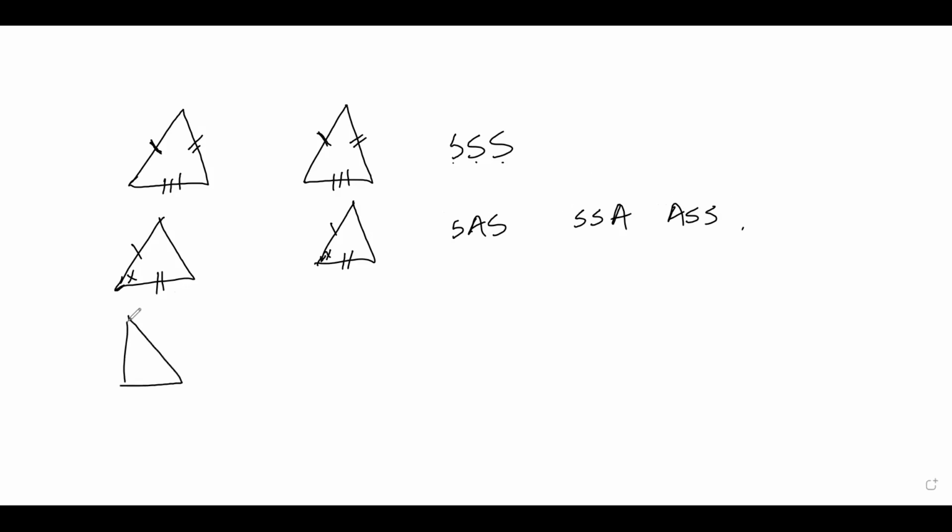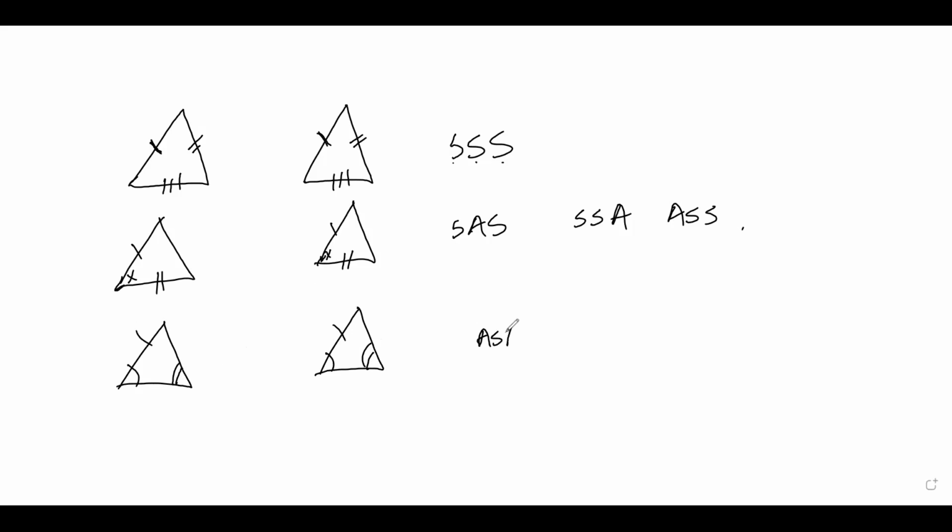Then condition 3 is when now we've got angle, angle, side. So you've got 2 corresponding angles: this angle is equal to that, this one is equal to that one, and another corresponding side.